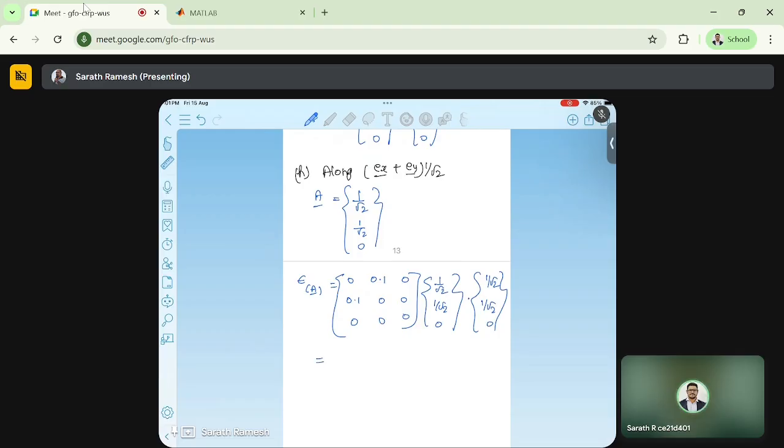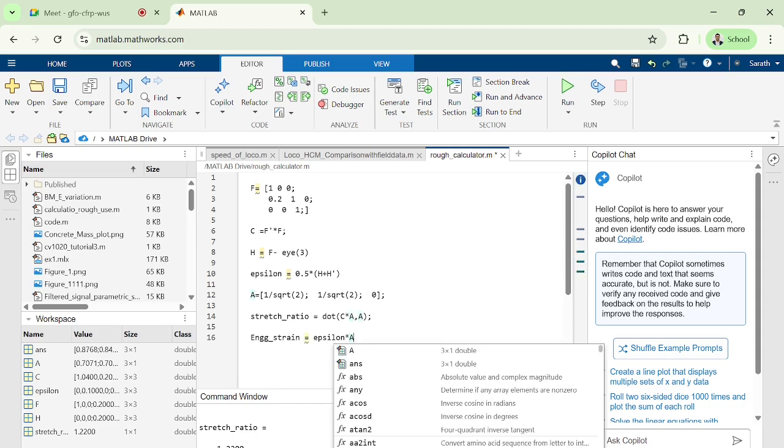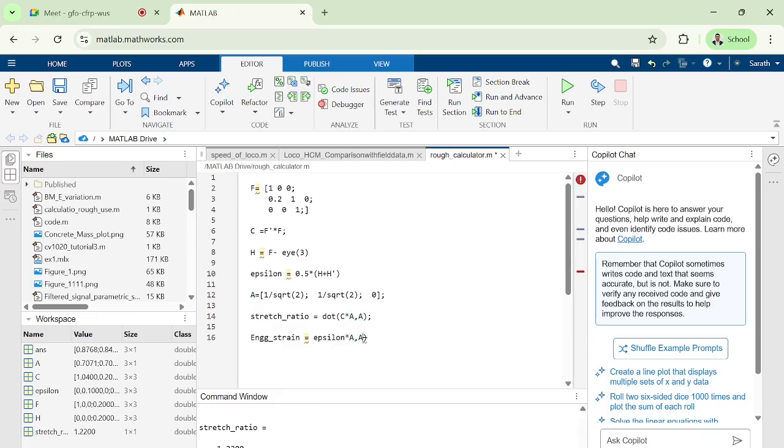Fine. So let's again do this here. So this is engineering strain. We can write any variable as a representation. So engineering strain is equal to epsilon, epsilon is there already, times A, epsilon times A dotted with A. So this dot product, okay, A is already there.